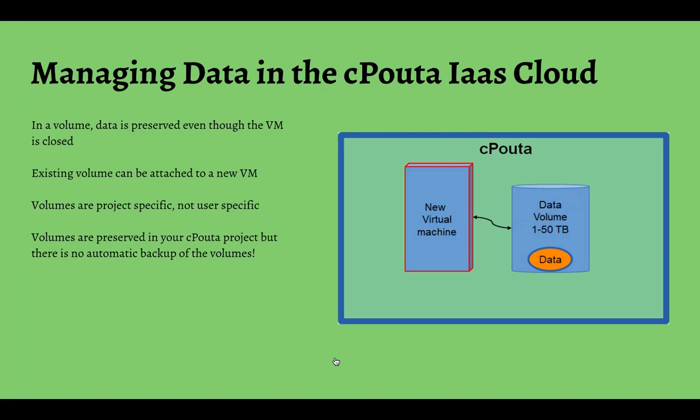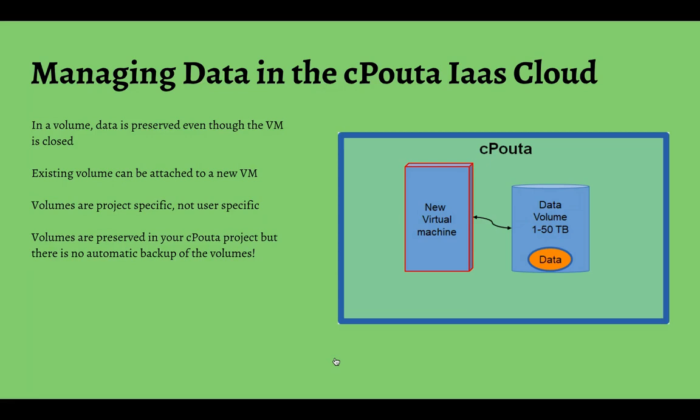So when you later launch a new virtual machine, if you have a data volume that is not linked to any other machine, you can plug it into this new virtual machine, and it can still see the data which was previously stored in this data volume. So this is quite like a data directory which you can switch from one place to another.